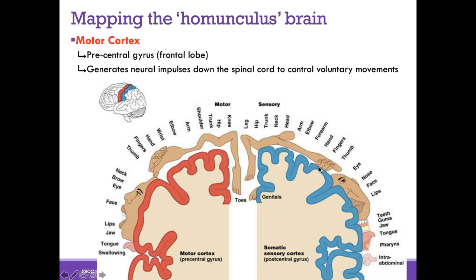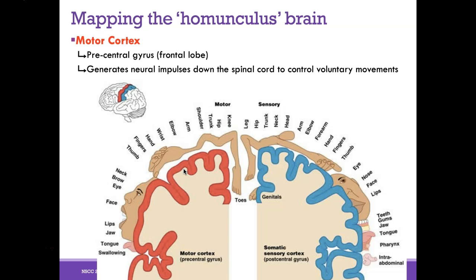If I were to stimulate this region of the somatosensory cortex in the parietal lobe, you would feel as if something were really on your fingers. If I could stimulate this part of the motor cortex, I could make you move your muscles, move your fingers.